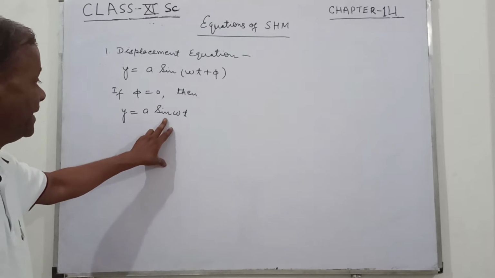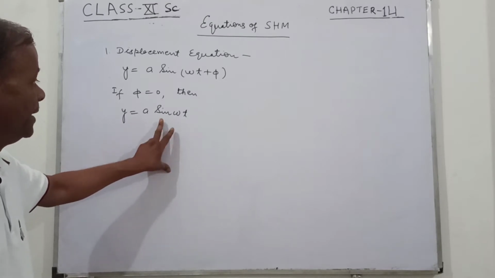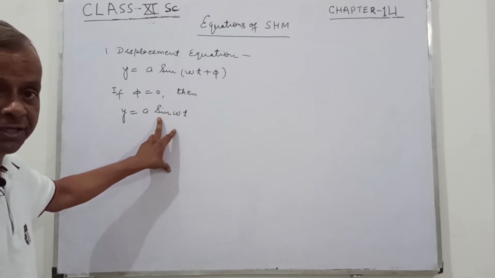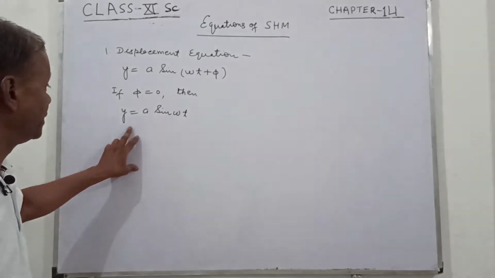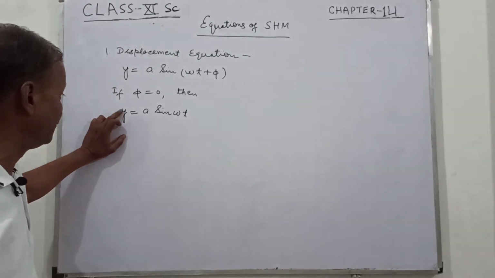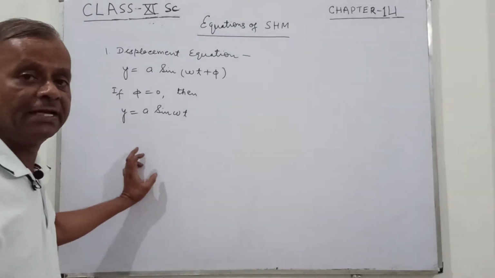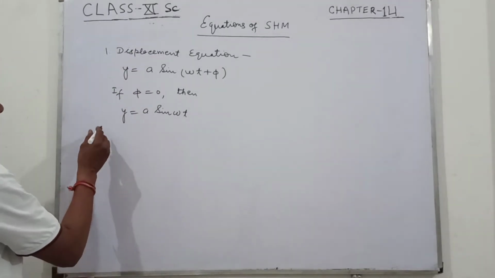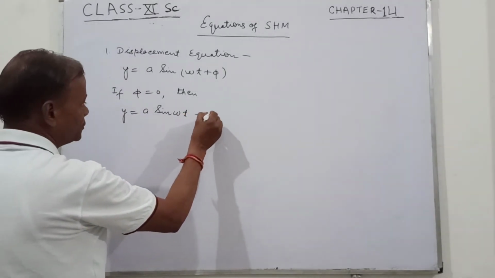If we take cos instead, we get a cos omega t. Even here, in place of y we can write x, as I told you yesterday. This is equation number one.